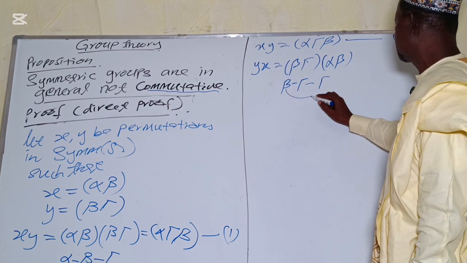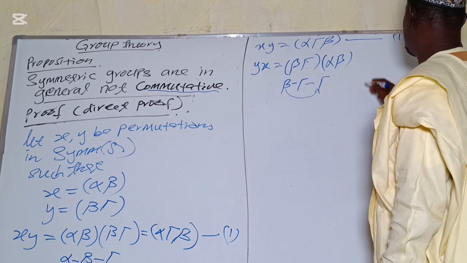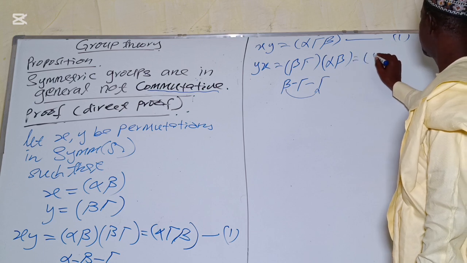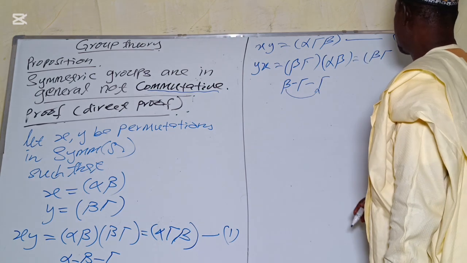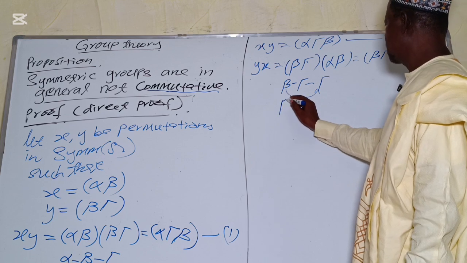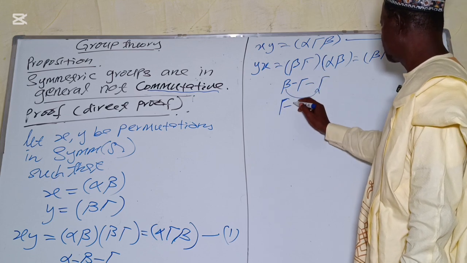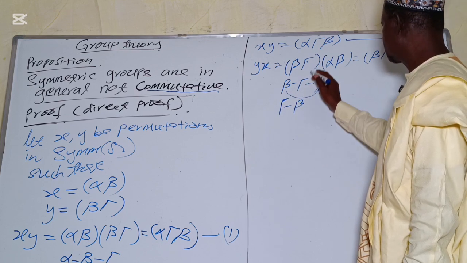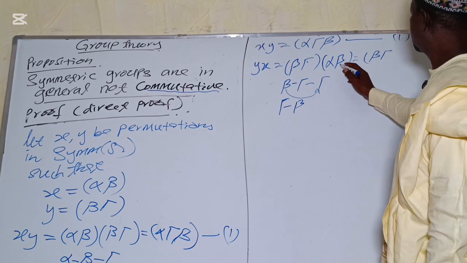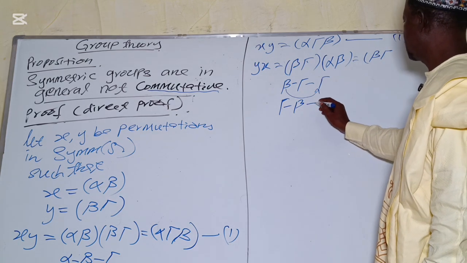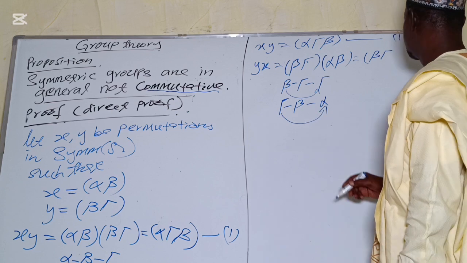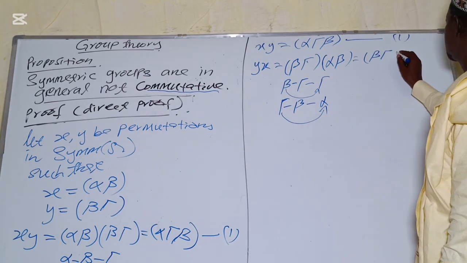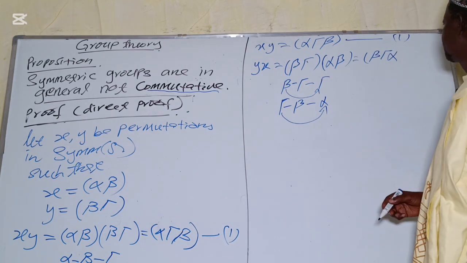So ultimately beta is mapped onto gamma. Now, gamma is mapped onto beta in the first cycle, and beta is mapped onto alpha in the second cycle. So ultimately gamma is mapped onto alpha.